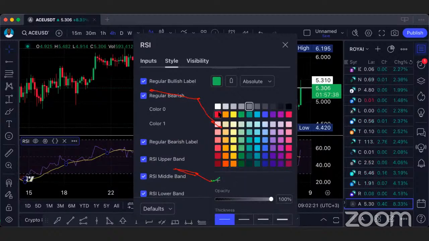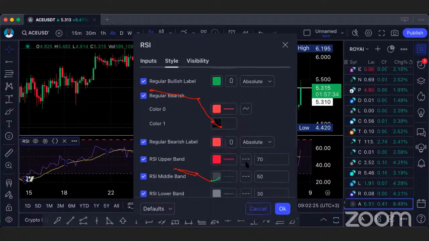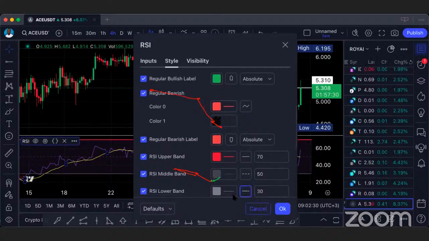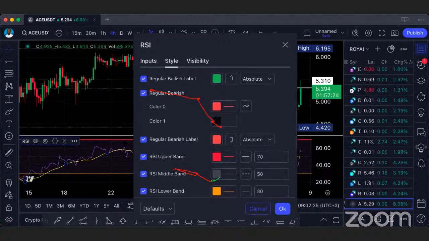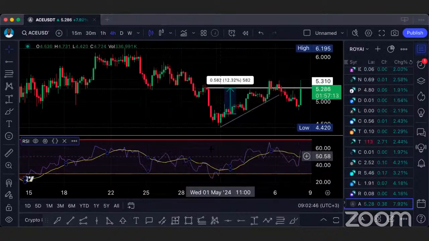Why is this not showing as I did? So let me set it up lastly, as we close. Okay. If you're not good at drawing divergences, you can come here and instruct this indicator to show you the divergence yourself, although they may not be so perfect.